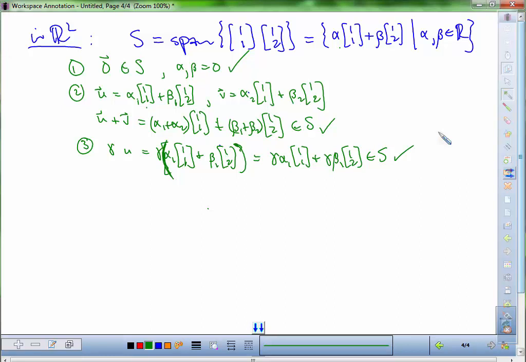Okay? So what does this look like in R2? A plane. So it's two different vectors, right?